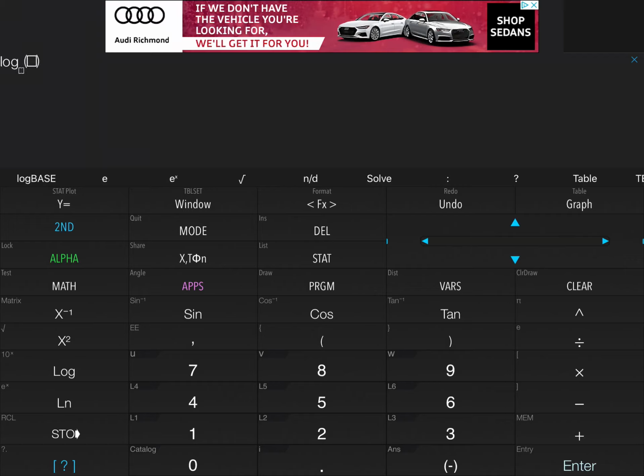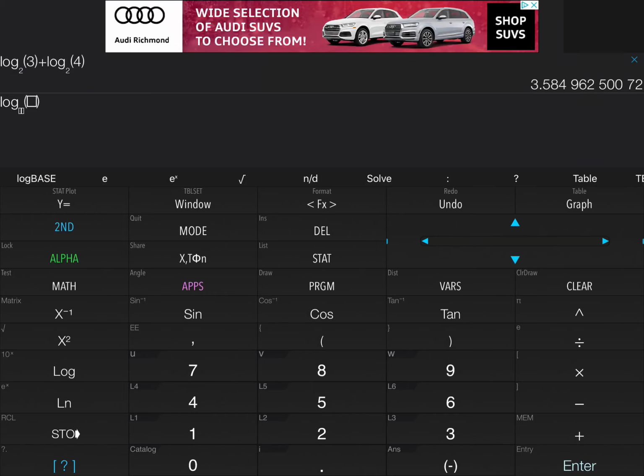The original problem was log base 2 of 3, and we were adding log base 2 of what number? 4. And that was approximately 3.5849, okay? Now, I'm going to type in what I got using the property. What is log base 2 of 12? And remember, we got the 12 from multiplying 3 times 4. If you hit enter, ta-da, the exact same decimal.